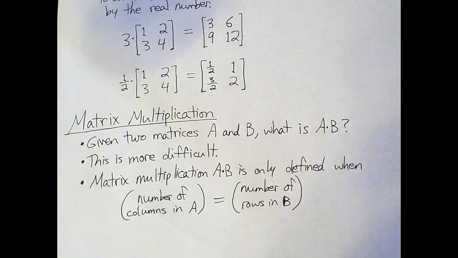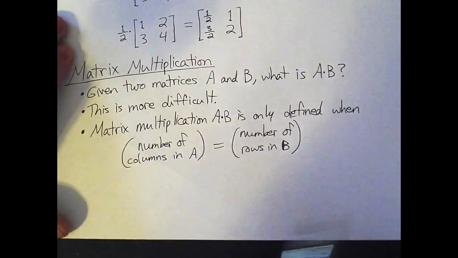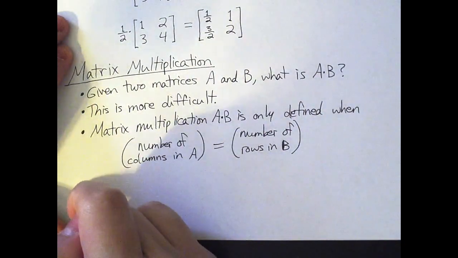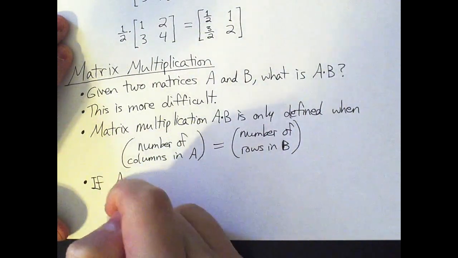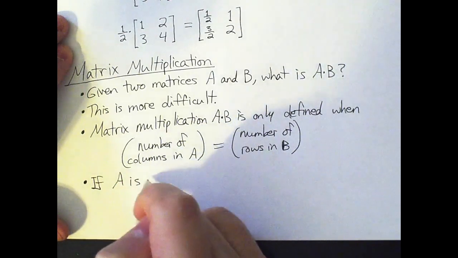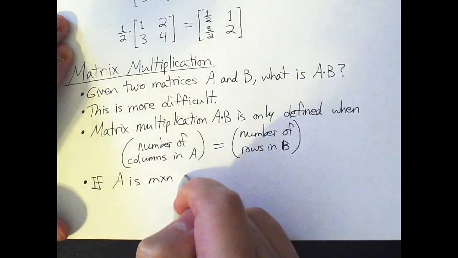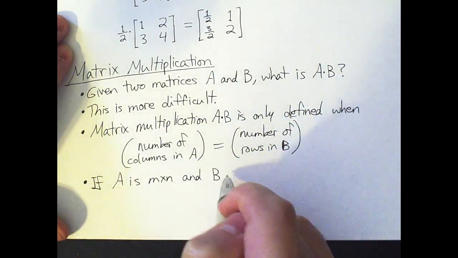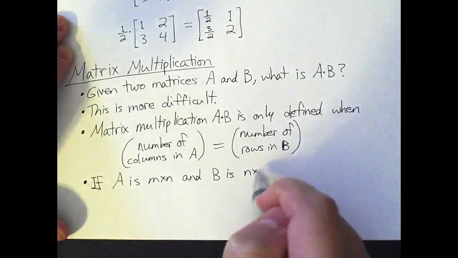They don't necessarily have to have exactly the same dimension. It doesn't have to be that they're exactly the same size, but the number of columns in A has to equal the number of rows in B. Let's say A is m by n and B is n by k.